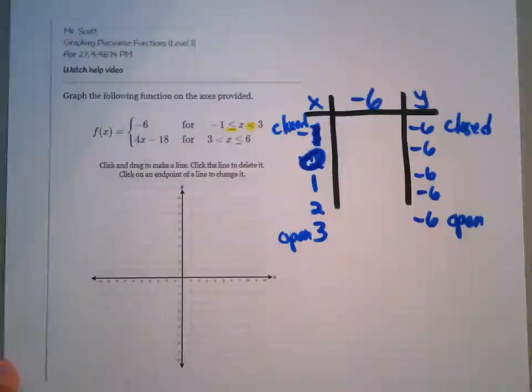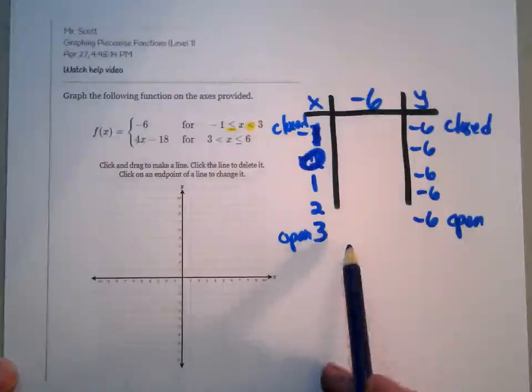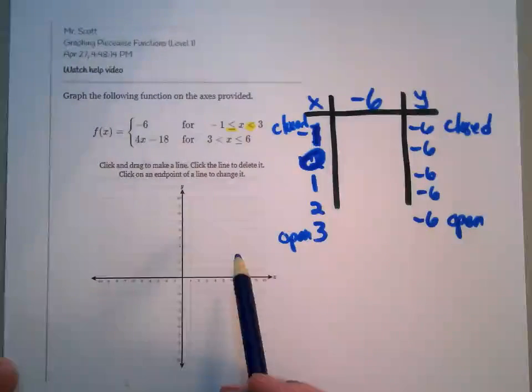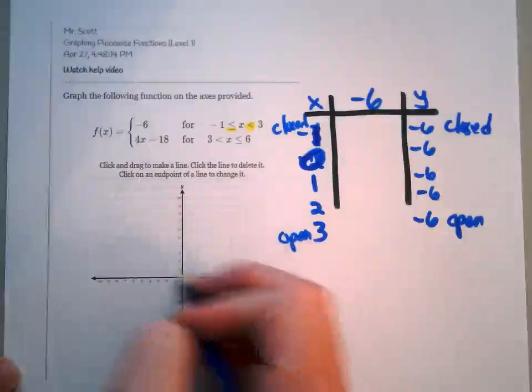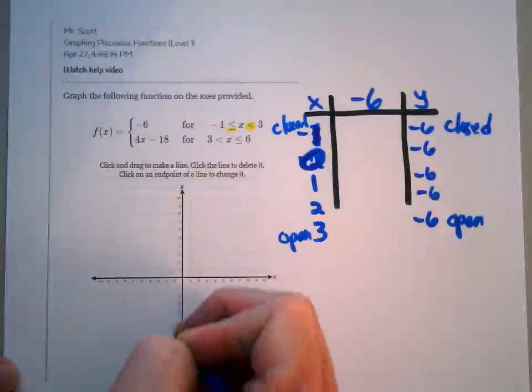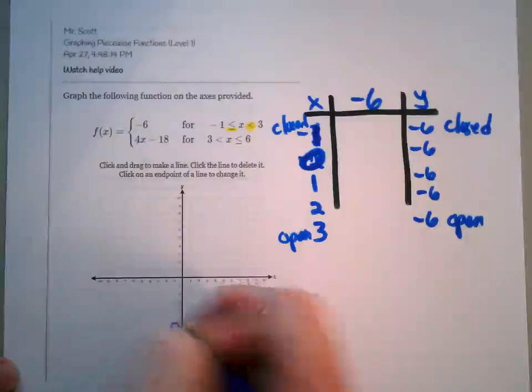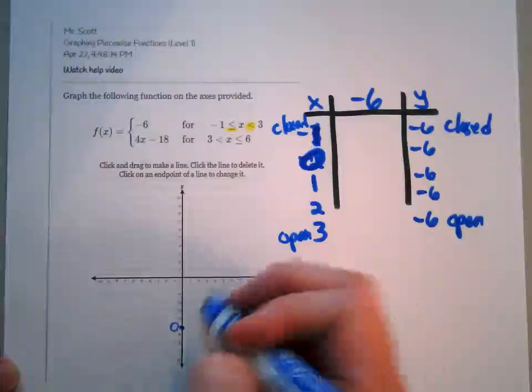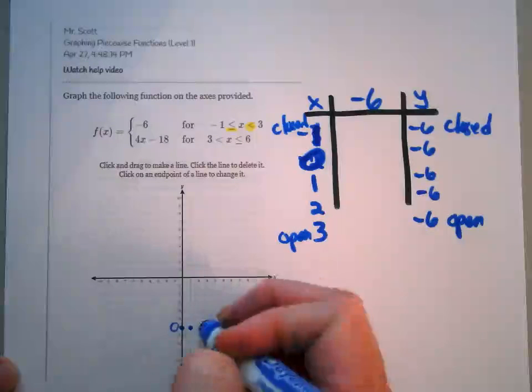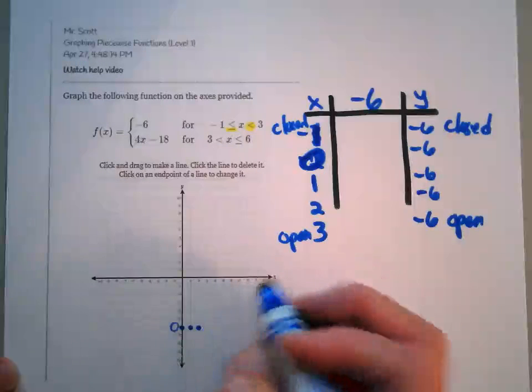So we're going to graph these ordered pairs onto the graph. So (negative 1, negative 6), (0, negative 6), (1, negative 6), (2, negative 6), and (3, negative 6).